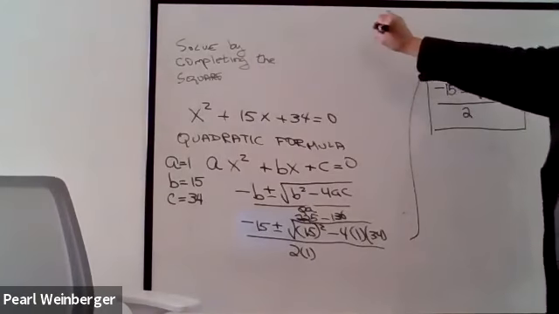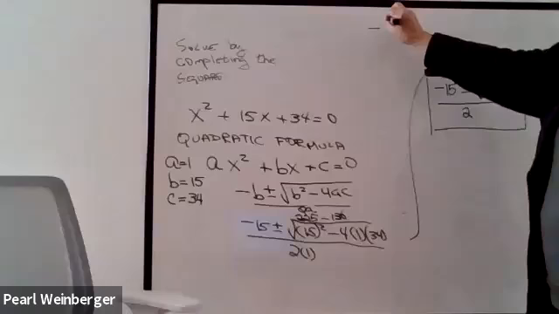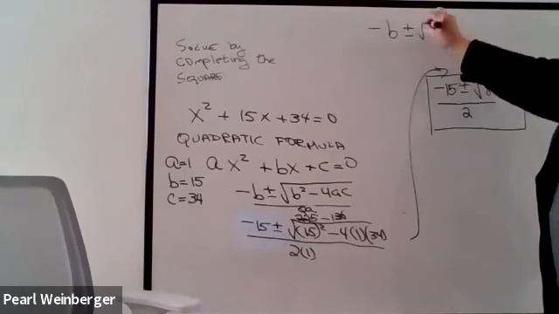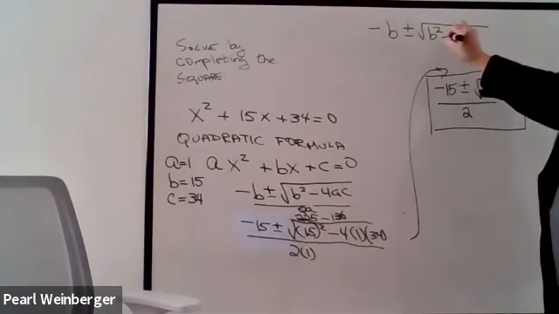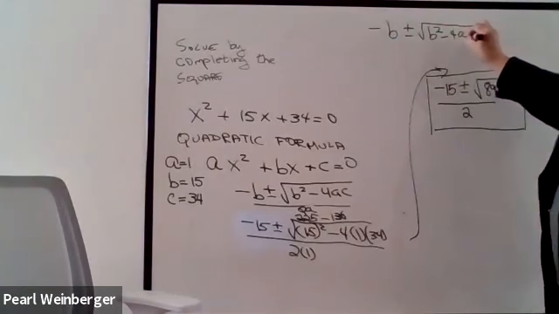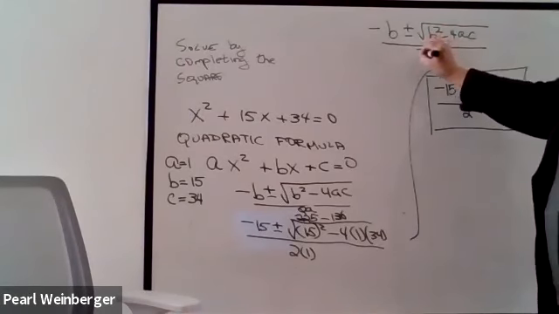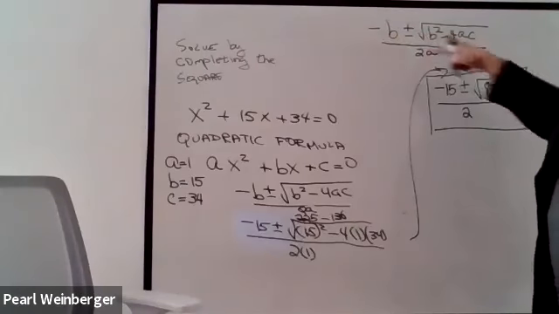Okay, let me write the quadratic formula on the board on top here, so whenever we want to use it, we'll have it as reference. Notice I make this line long because the 2a is under everything.